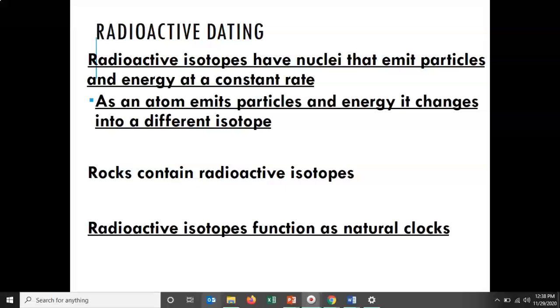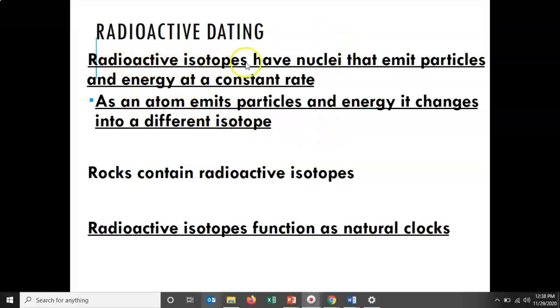As it does that, it changes the isotope or the atomic mass of that element, and it becomes slightly different. Scientists are able to use that to figure out exactly how old a rock is. That's what we're going to discuss today.